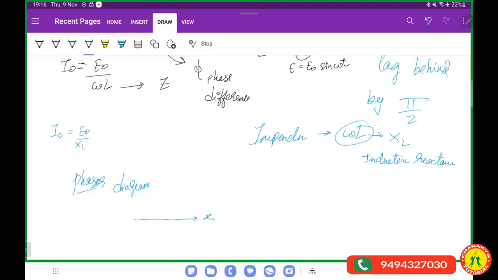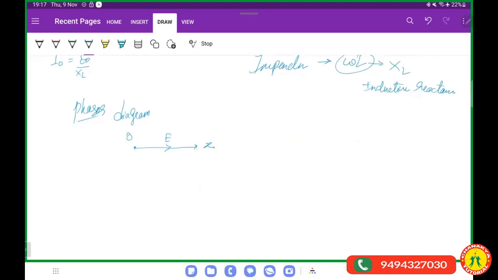This is your X, E direction. This is your O. So how to show that this is 90 degrees behind? No answer.